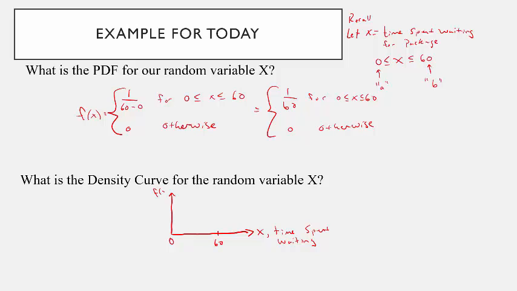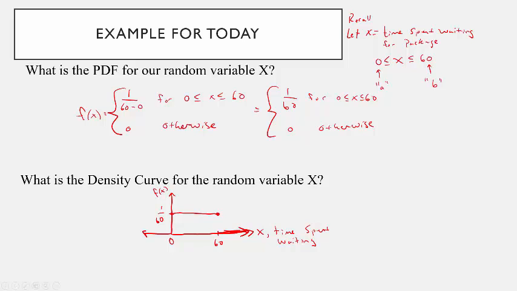And then my f of x along the vertical axis is just 1 over 60. This is not drawn to scale, obviously. It's just going to be a horizontal line from 0 to 60. And then once you get past it, it's just equal to 0 right there. So you just really have a horizontal line between the possible values, and then it's just 1 over b minus a along the vertical axis.